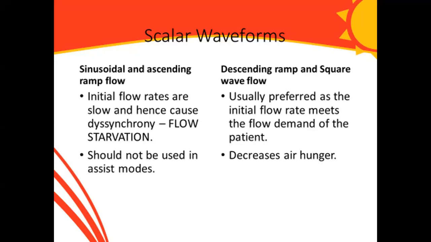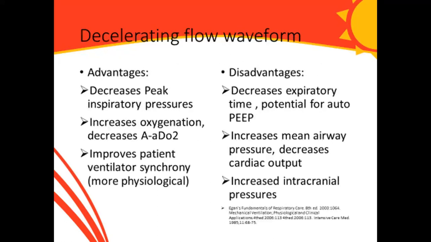But the descending ramp and square waveform can be combined, which decreases air hunger because it ensures adequate flow to the patient initially and reduces as the tidal volume is reached.